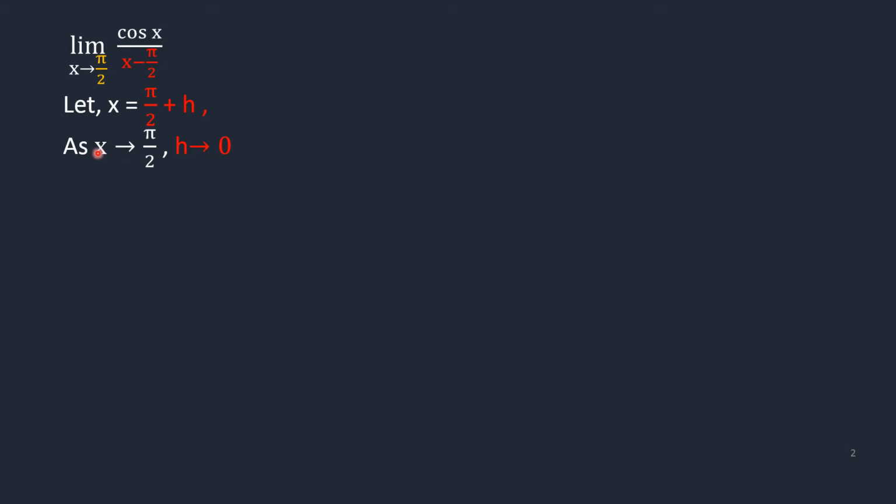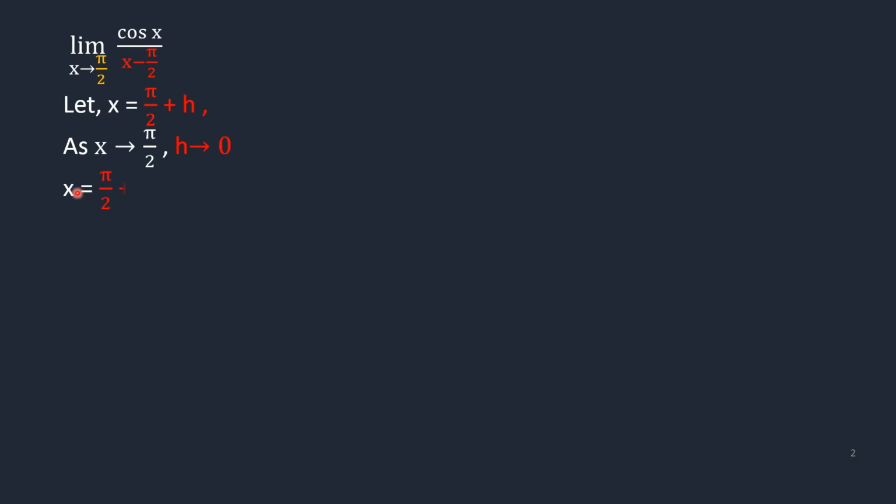See here, as x approaches pi by 2, if we put x equals pi by 2, the pi by 2 will get cancelled with this pi by 2 and h will be 0. Therefore, as x approaches pi by 2, h approaches 0. Now, we will find out the value of x minus pi by 2.